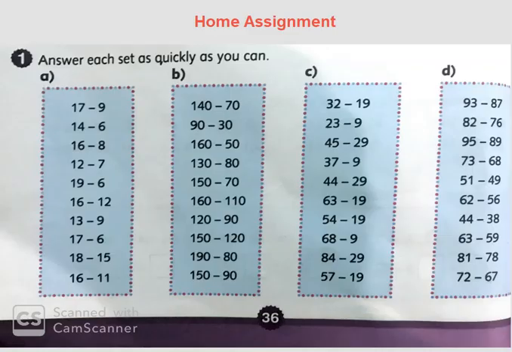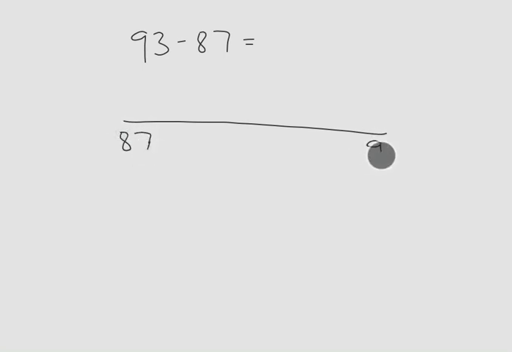Now let me do some more examples for you. Suppose 93 minus 87. Suppose this question is given to you. An easy method, as I showed you: draw a line, write the smallest number here and the biggest here.